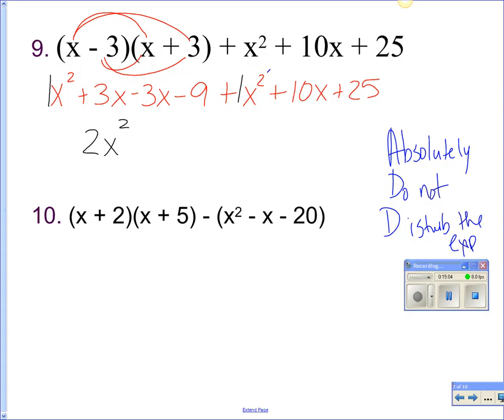Okay. All right, what happens to positive 3x and negative 3x? Cancel, but you still have another 10x right here, so that drops down. And then what has to be put together last? What's negative 9 plus 25? Positive 16.